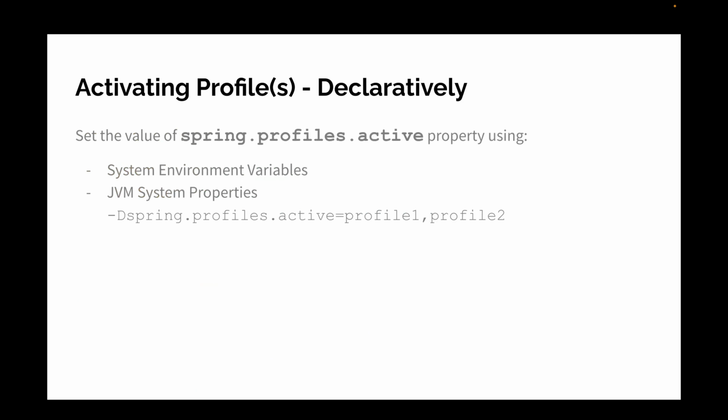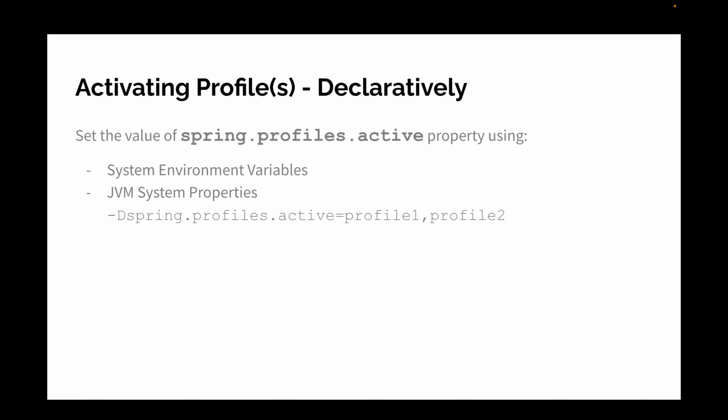Now let's look at how to activate profiles declaratively. In order to do that, we need to set the value of the spring.profiles.active property. How do we do that? We can use system environment variables, or we can use JVM system properties. System environment variables means in our operating system there will be an environment variable with the name spring.profiles.active, and its value will be the value of the active profile.